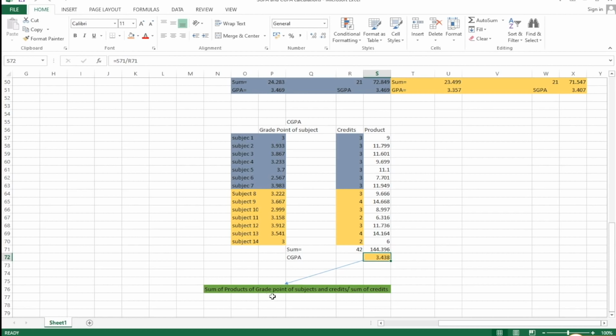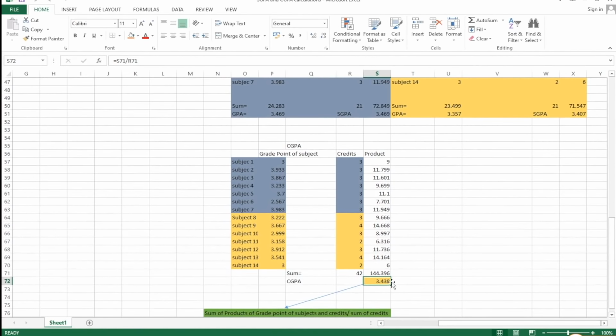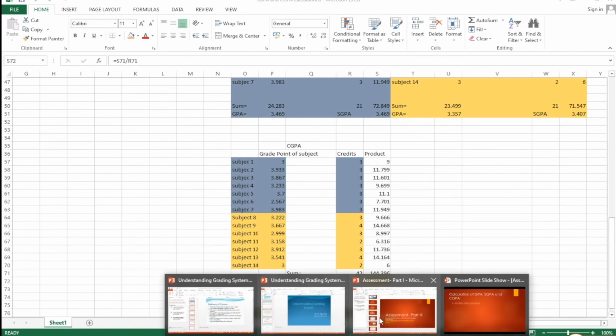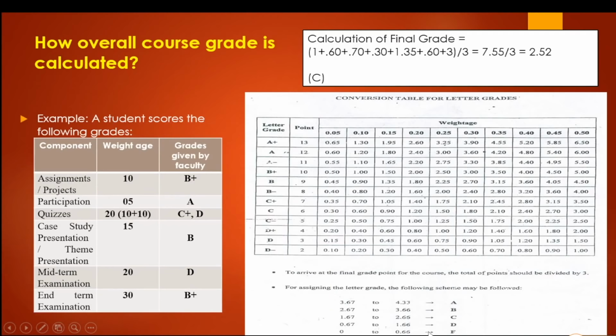The formula will remain the same as highlighted here: sum of the product of grade point of subjects and credits divided by sum of the credits. So this is CGPA. And again, the grading for the CGPA will happen from this particular table. Where is his CGPA lying, between which interval?